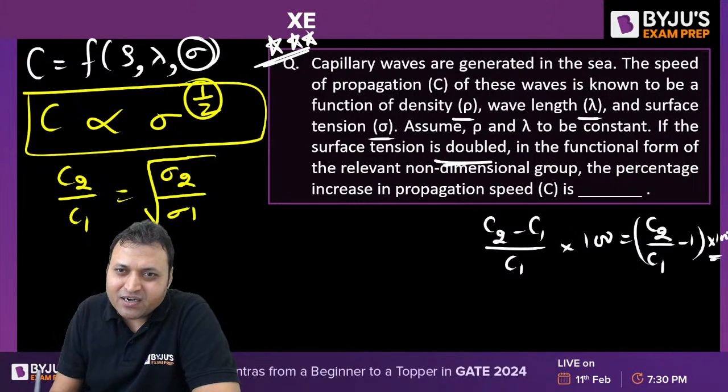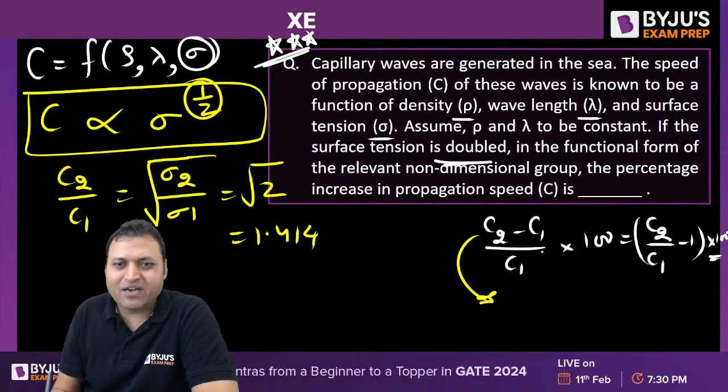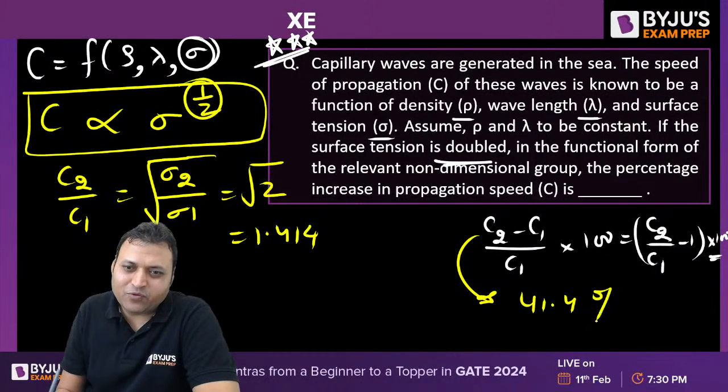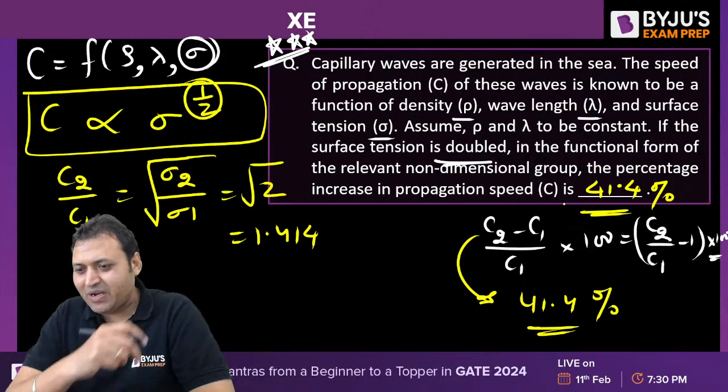And if sigma is doubled, it will be root 2, and root 2 is 1.414. So C2 minus C1 over C1 will be 41.4%. 41.4% will be your answer.